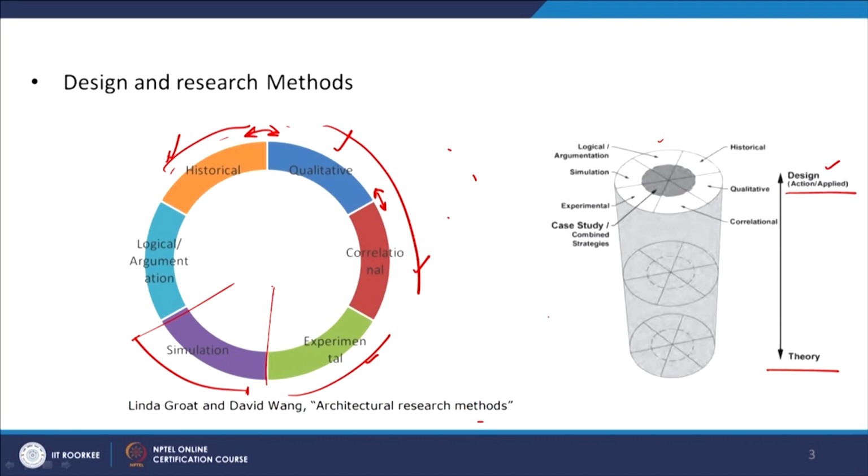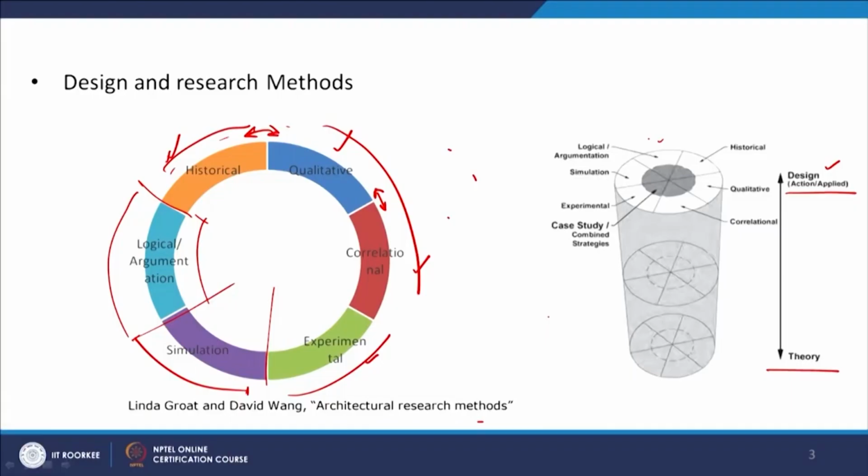And then logical argumentation is a very theoretical research where the designer gives a theory devoid of users. It's more of a top-down approach where the designer gives a theory based on his perception, so users do not come into this research method. It is more about giving a new theory.